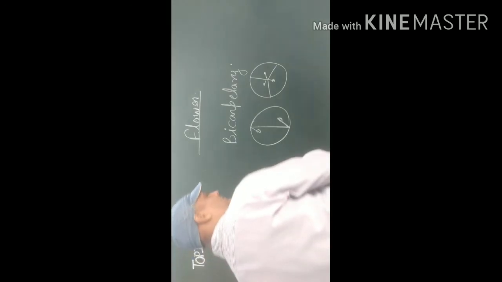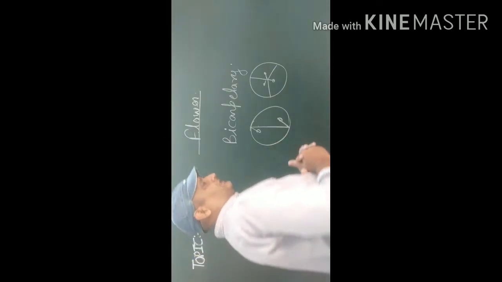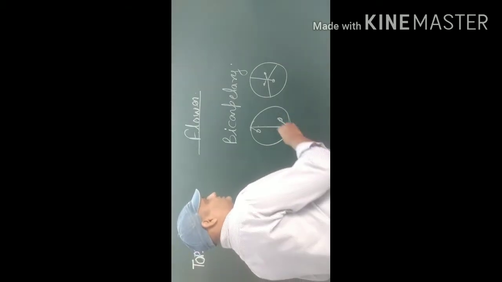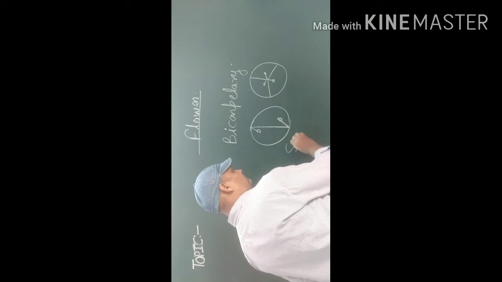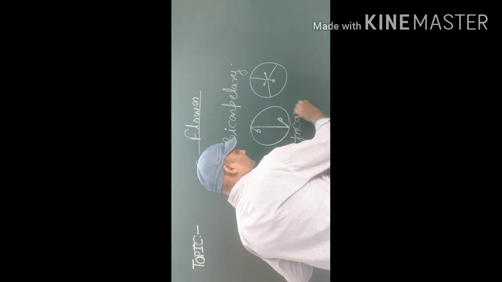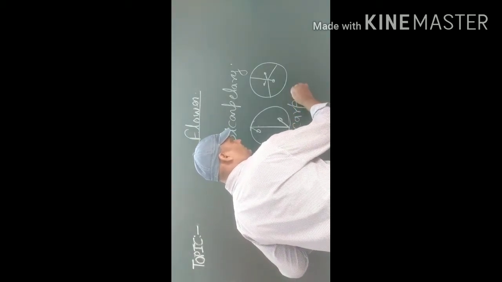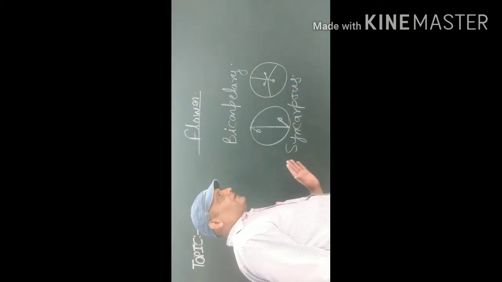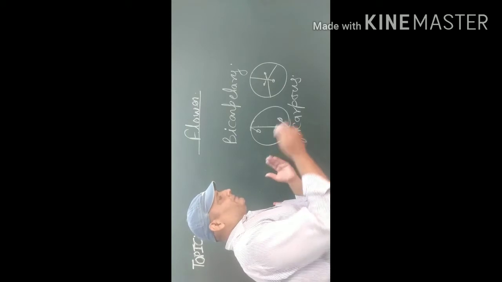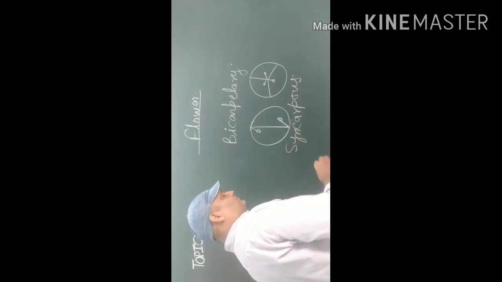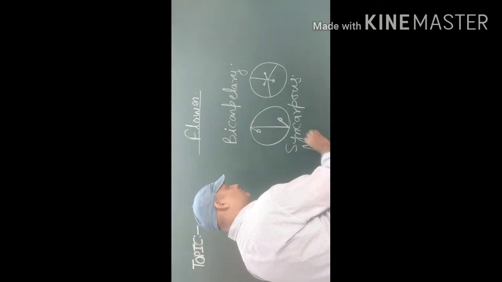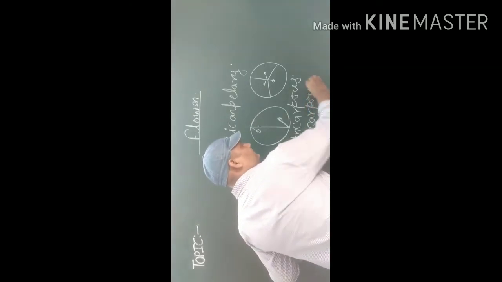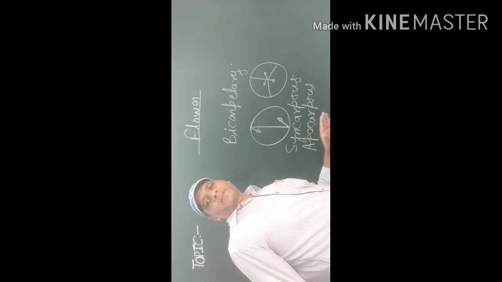When the carpels are united to each other, the term used is syncarpous. And when the carpels are free, independent of each other, the term used is apocarpous.